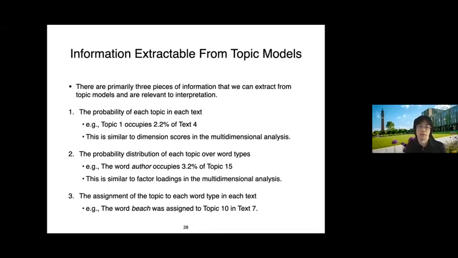First of all, we can identify the probability of each topic in each text. We can say something like topic 1 occupies 2.2% of text 4. And if you are familiar with multidimensional analysis, this is similar to dimension scores. So we can basically situate each text in each topic.